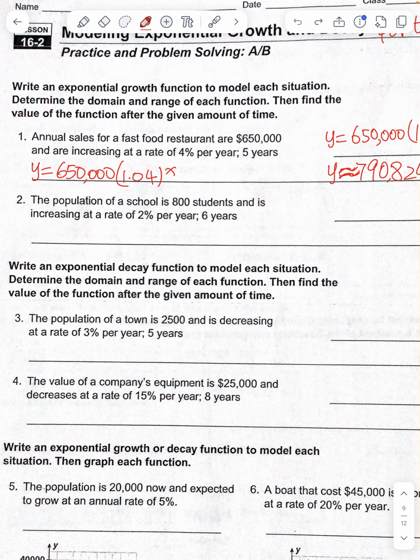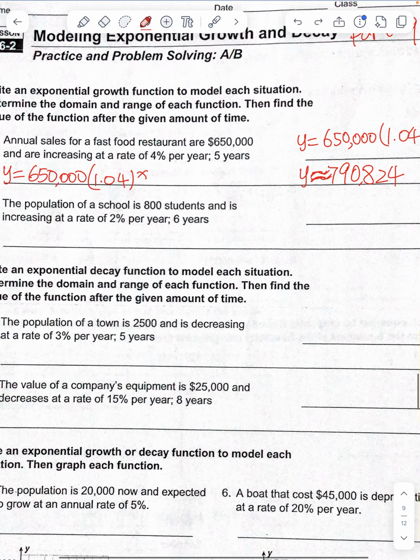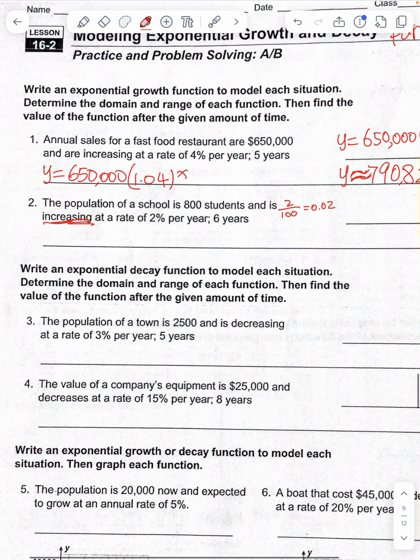So 2% is 2 divided by 100, so 0.02. Increasing, so y equals the initial value 800, and then we are going to use 1 add 0.02, so that is 1.02 raised to the x power. So now we're going to figure out the 6th year, right?